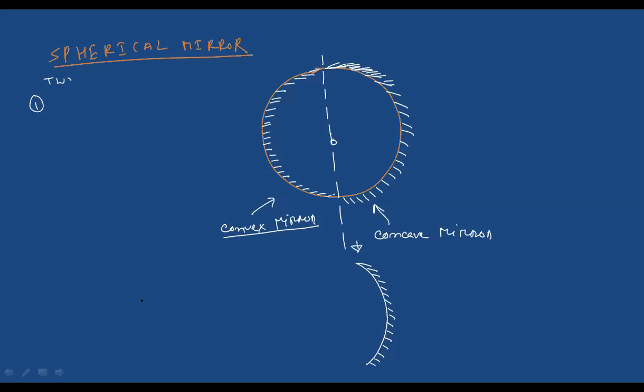So write down, two types of spherical mirror are there. The first one is your concave mirror, and the second one is your convex mirror.